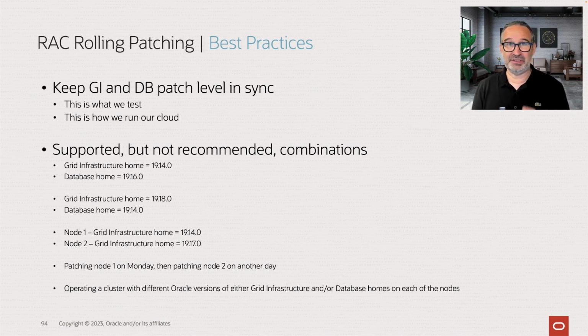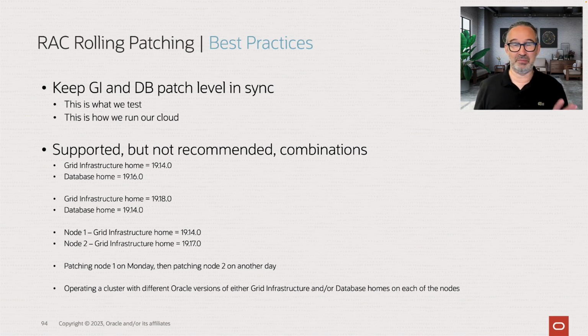So you can have these combinations like 19.14 GI, 19.16 database, or the other way around, 19.18 GI, 19.14 database. You could also have grid infrastructure 19.14 on node number 1 and GI home 19.17 on node number 2. And the same for the database. But please don't do that.